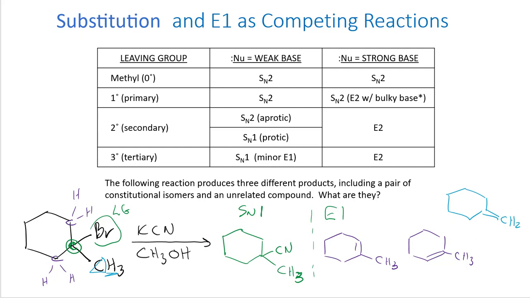What we're really looking at is two different molecules, one of which is drawn twice, right? Because this one and that one, those are the same compounds. So the two constitutional isomers are our elimination products, and the unrelated compound would be our substitution product.